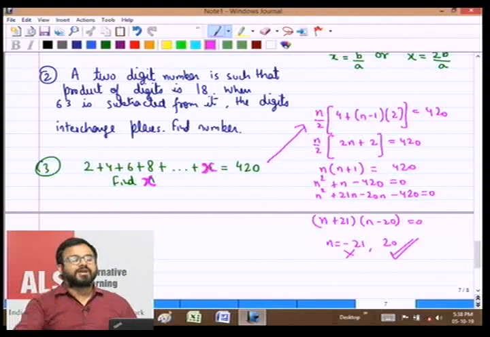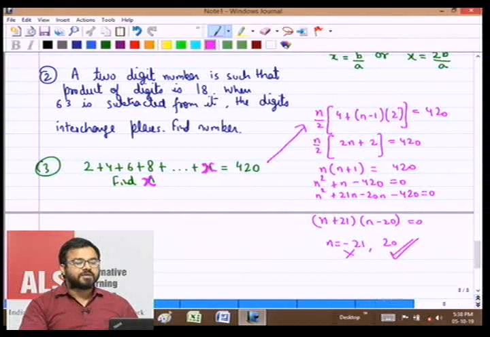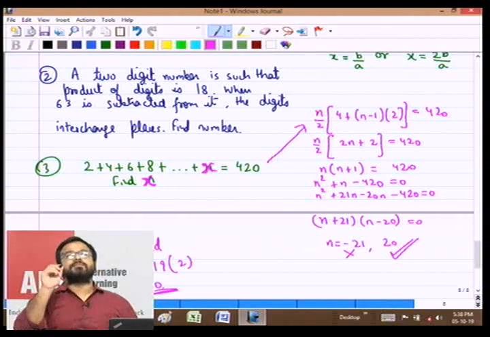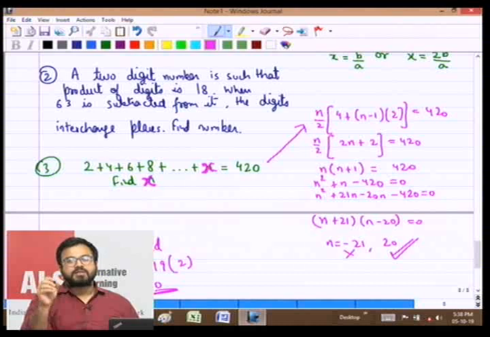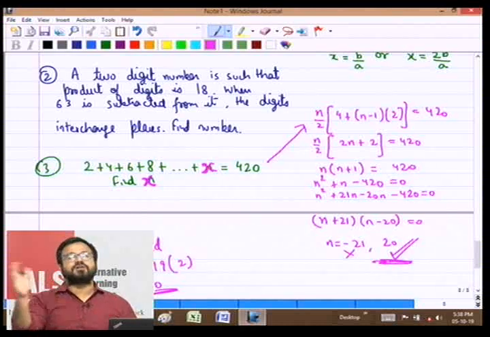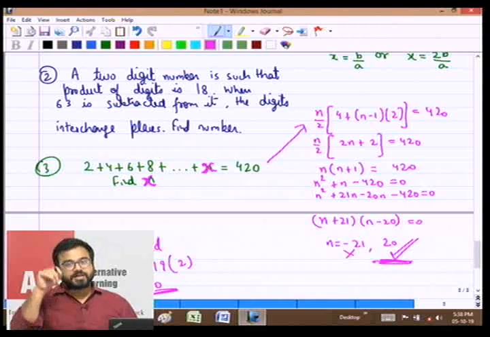The 20th term will be a plus 19d, that will be 2 plus 19 times 2, that would be 40. So the number in place of x would be 40. This 20 represents the number of terms, and the 20th term is x, which is going to be 40.